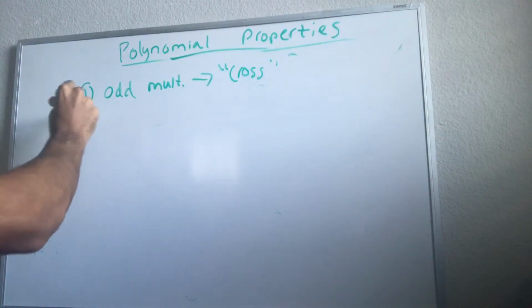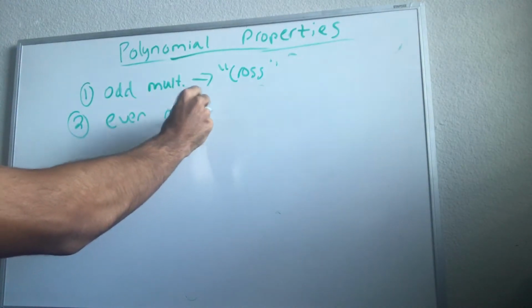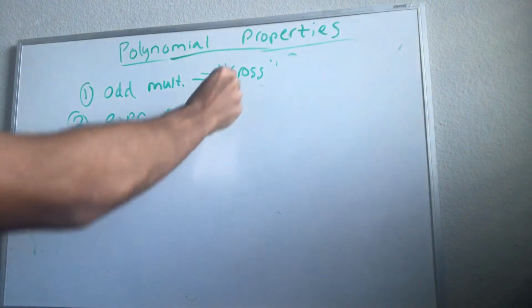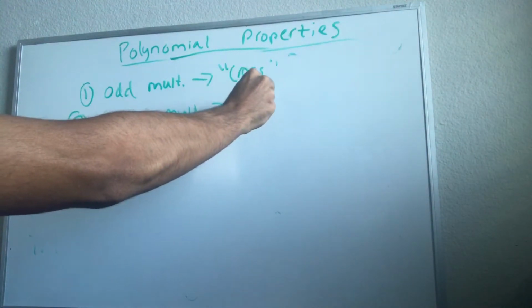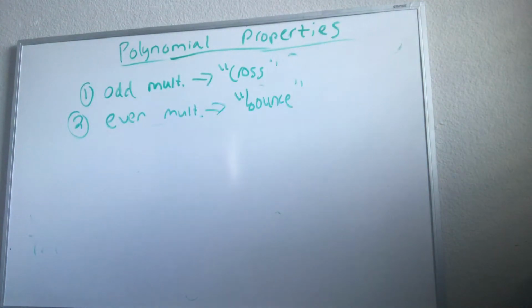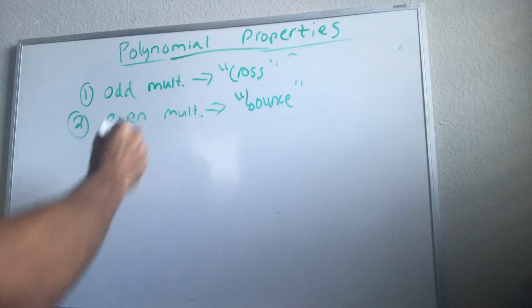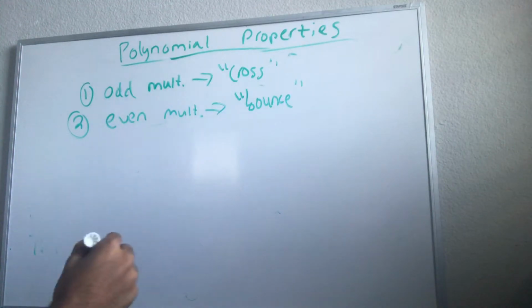And if there is an even multiplicity, then it's going to bounce at that point, or bounce off that point, really. So those are the two rules. You may want to write them down, really, because those definitely help you when you graph polynomial functions.